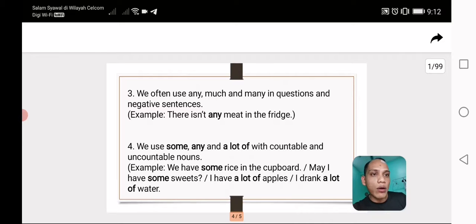I have a lot of apples. I drank a lot of water. Ini penggunaan a lot of pula. I have a lot of apples. Saya ada banyak buah apple. I drank a lot of water. Saya minum air dengan banyak. Apple tu countable. Water tu uncountable. So we can use a lot of as well.